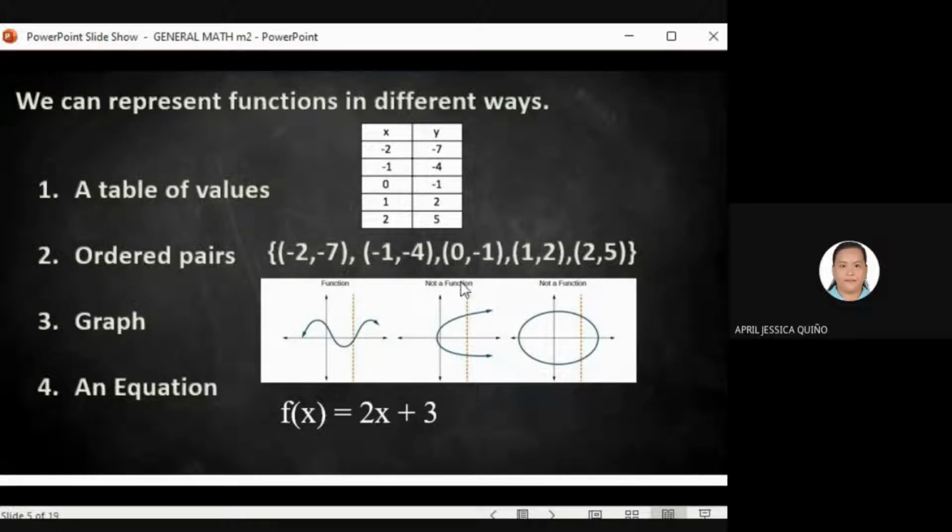While dito sa mga not function natin, dalawang beses sila nag-intersect sa ating line. So, sa ating graph, kailangan ang function daw ay nag-intersect lang sa isang point kapag tayo ay gumamit ng vertical line test. We can also represent the function through an equation just like this. So, f of x is equal to 2x plus 3.